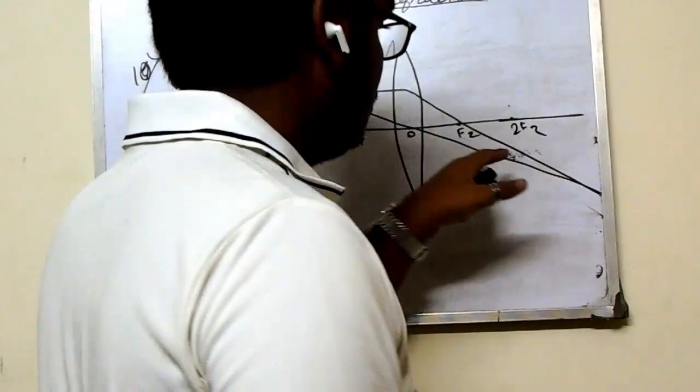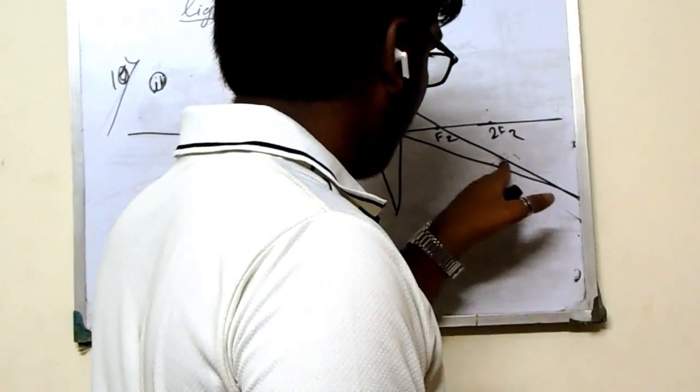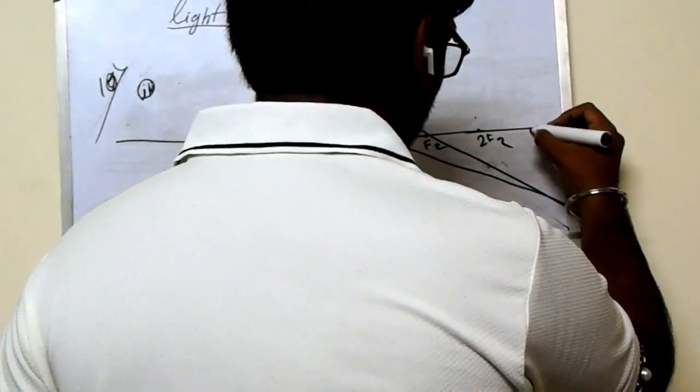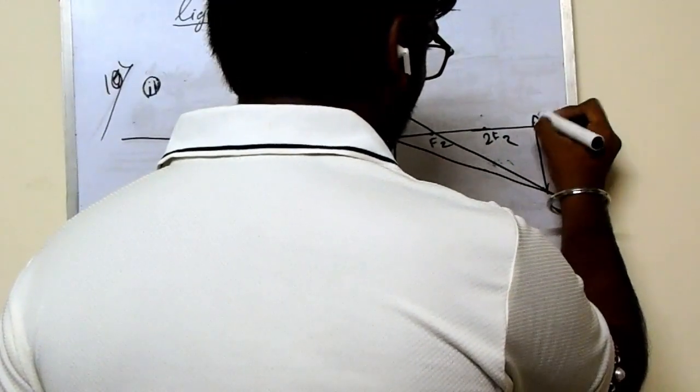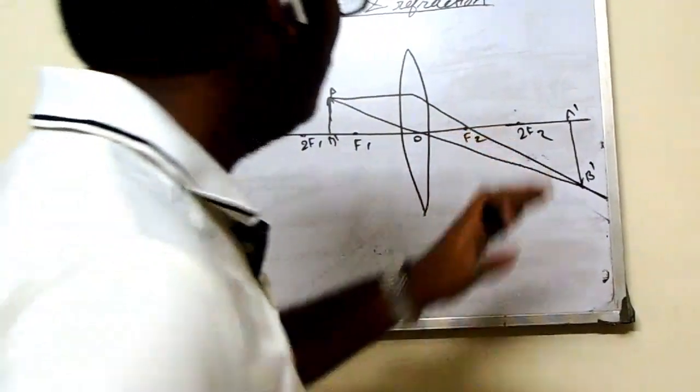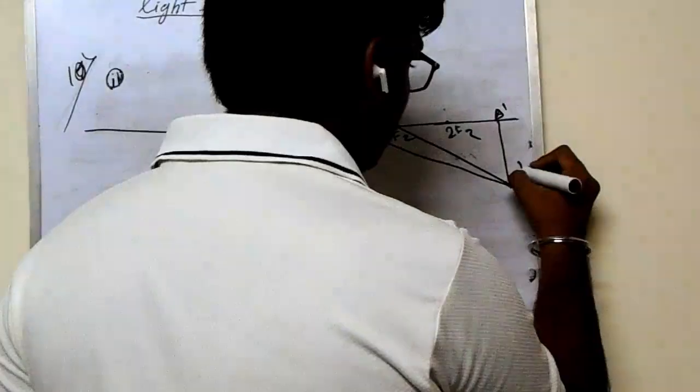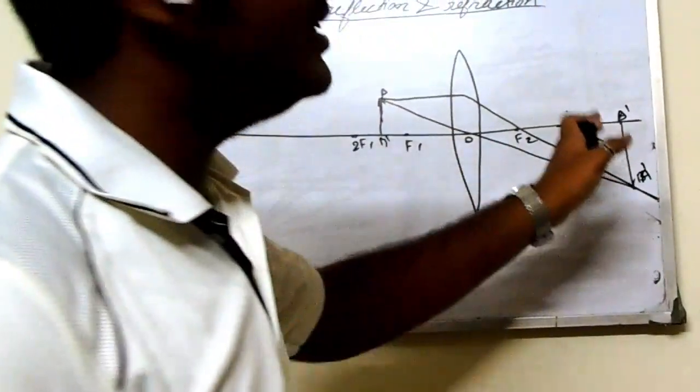So the two rays are meeting each other beyond, B dash A dash, as it is erect.